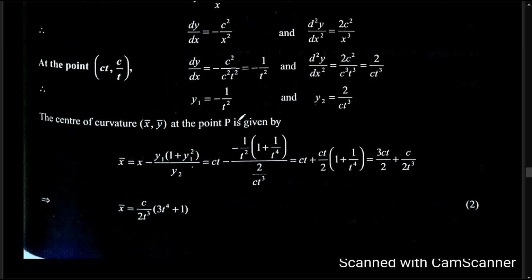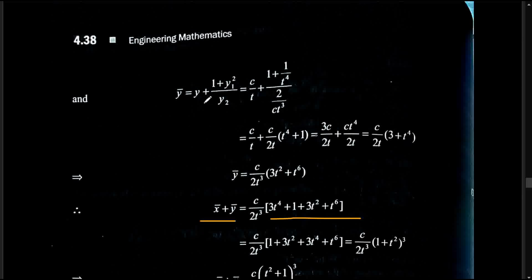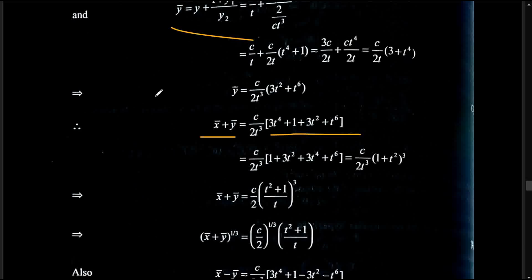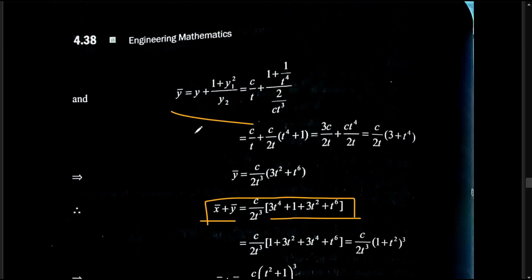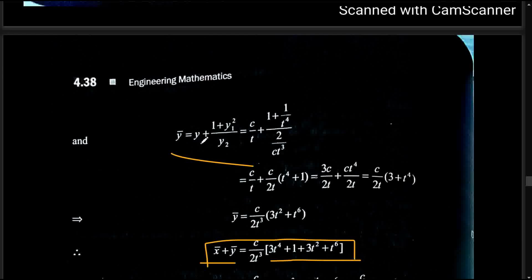You substitute y1, y2 in the x coordinate equation, you get an x coordinate and a y coordinate. But in this problem there is an important step, which is this step. This is a very important step, because you got this, but here you can't separate the t. With t cube, t square, t to the power 6, we can't take t to one side because it is not in variable separable form.